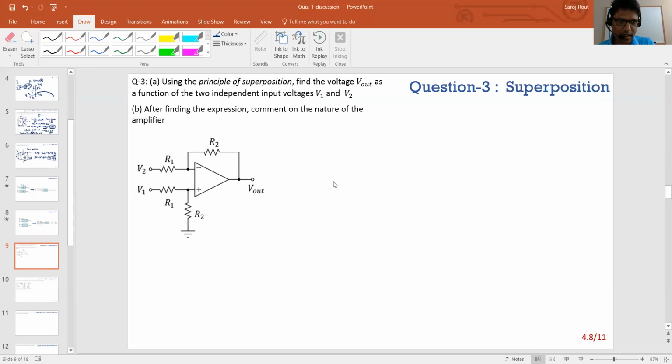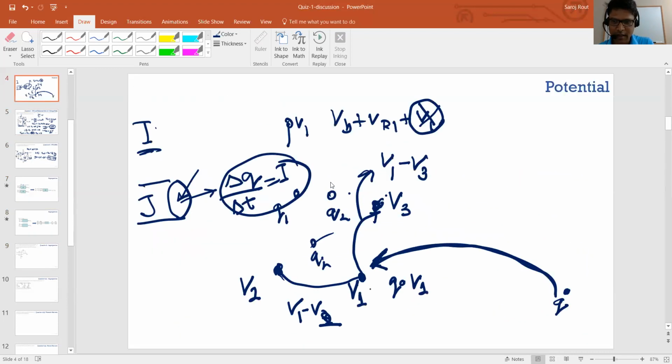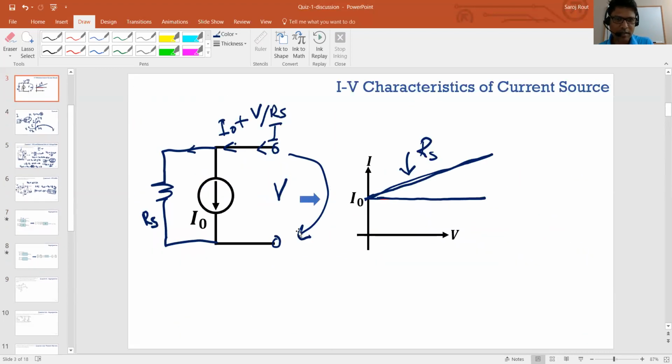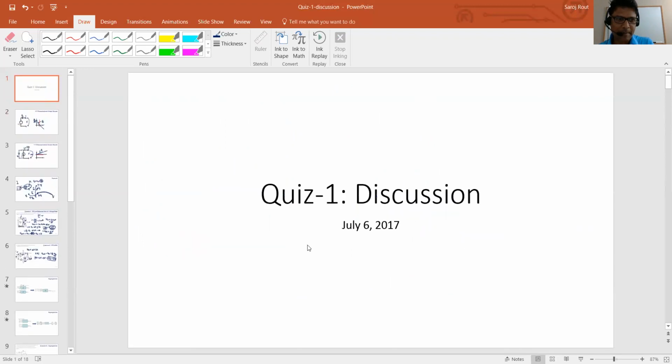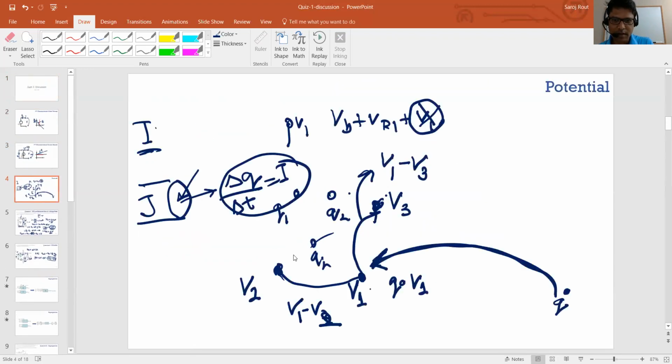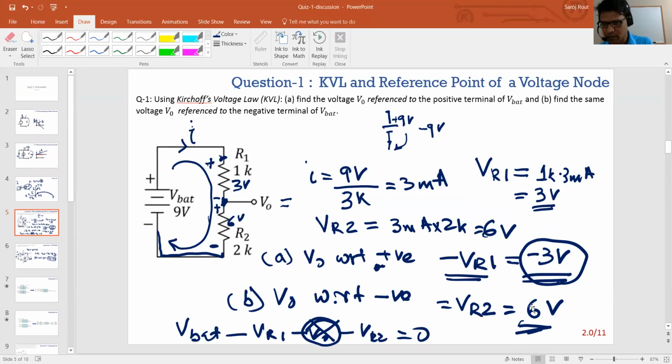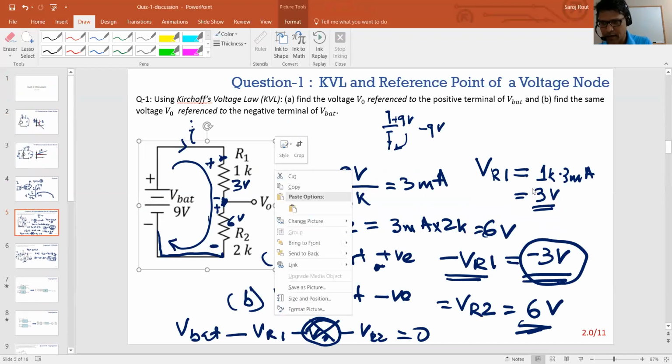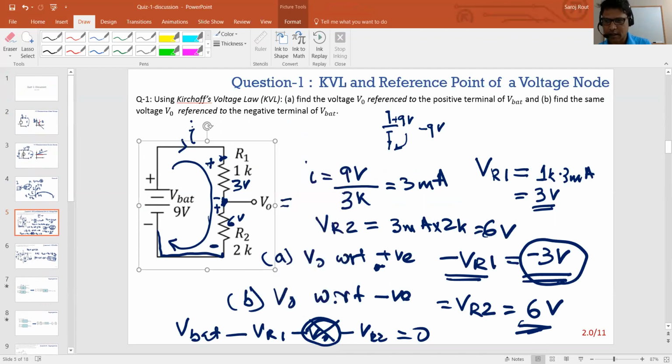All right, so actually one thing I wanted to point out is, if you see in each question, maybe I should go back to each question again. Okay, so the first question, if you see right at this bottom corner here, it says 2 by 11. So essentially, I'm just showing how many people actually got it right out of 11 people. So actually, only 2 people got it right out of 11.